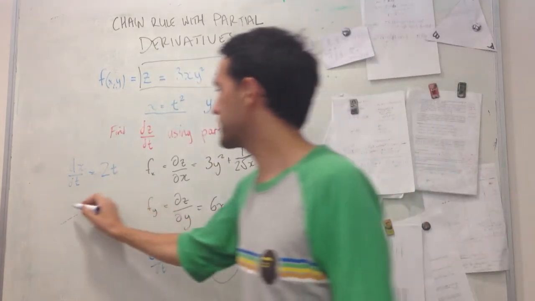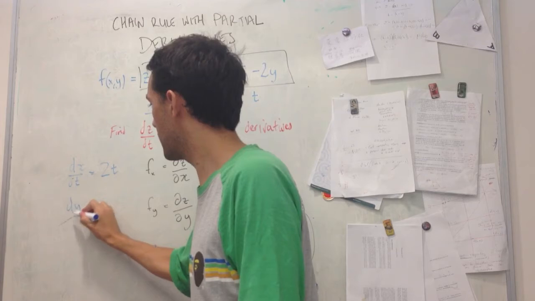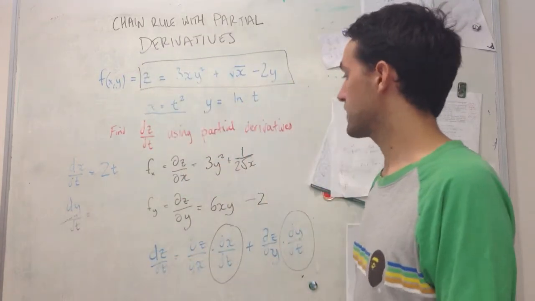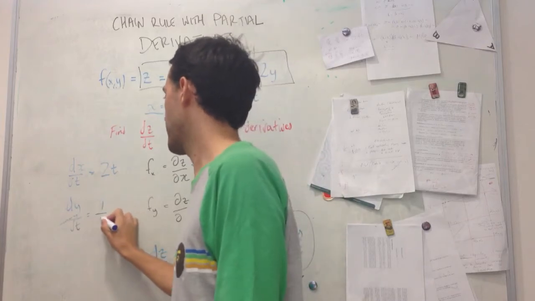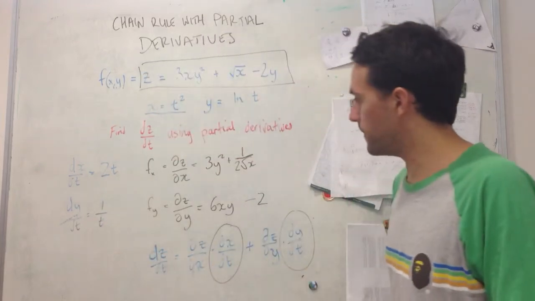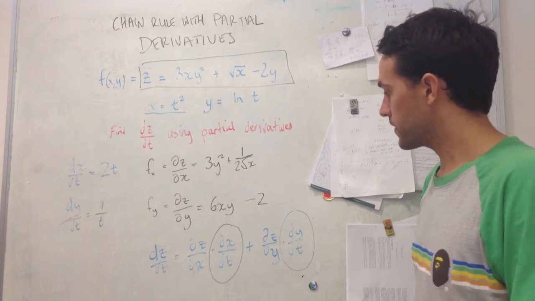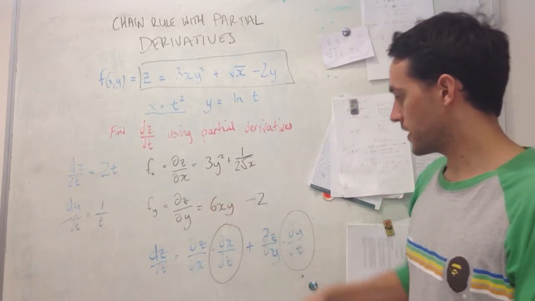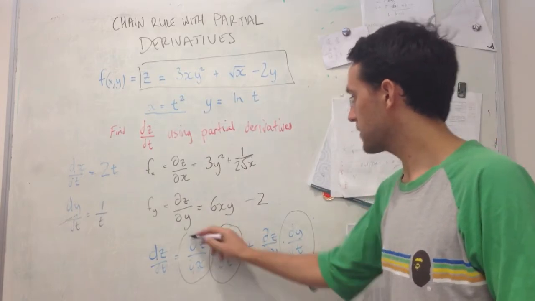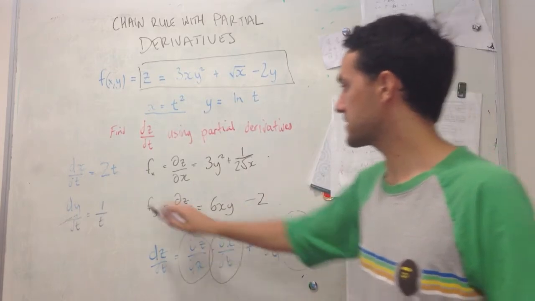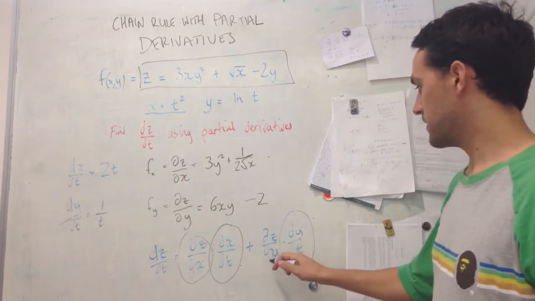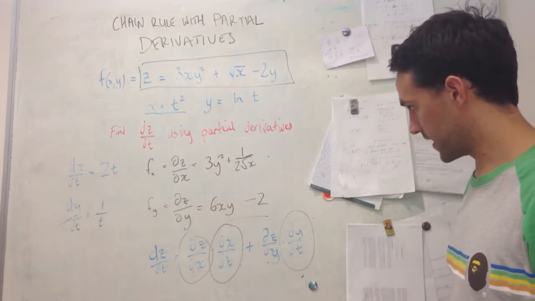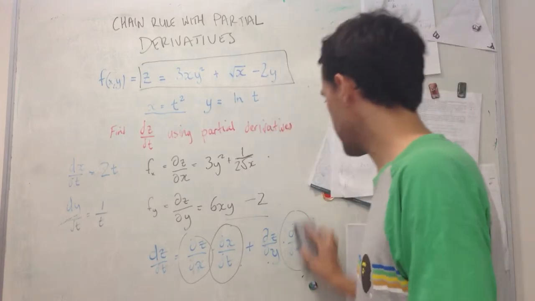And then dy/dt here is going to be the derivative of log of t, which is 1 on t. So now going back into these functions, I've got the ∂z/∂x, which is here, multiplied by dx/dt, which is here, and then the ∂z/∂y, which is here, multiplied by dy/dt. So I'm going to put those in.